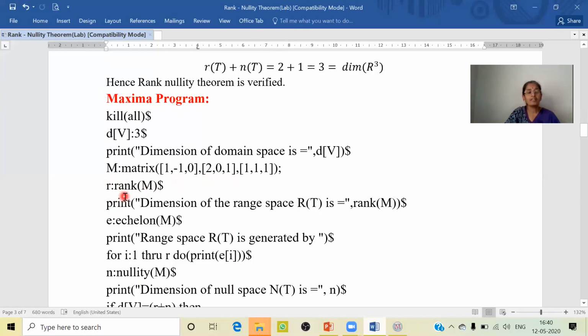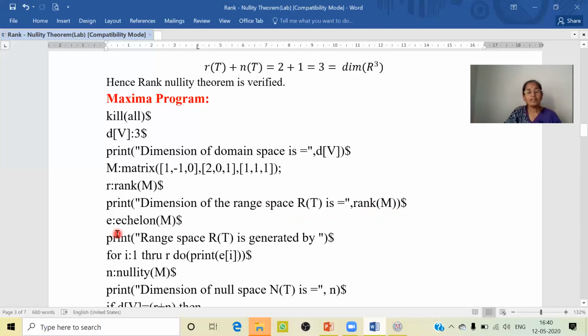Rank returns the rank of the matrix, which is the dimension of the range space. So this command rank gives us the rank of the range space. Let us print the dimension of the range space R of T is rank of M, which is written as small r. We can use small r or rank of M.